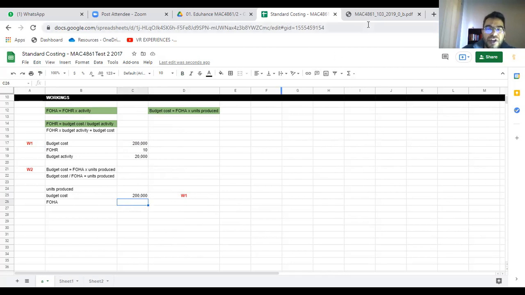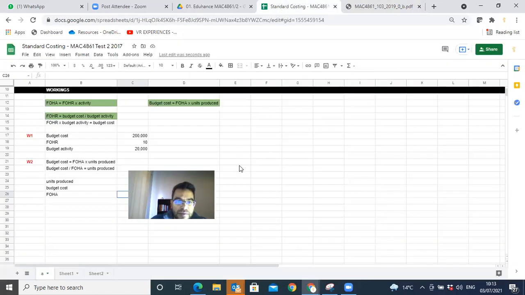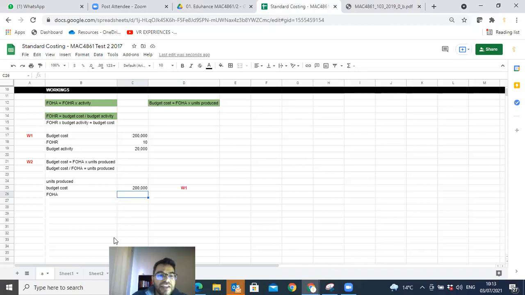Just go to your scenario. Maybe I just want to go to it quickly. So here, the fixed overhead rate is 10 Rand, but the fixed overhead applied is 20 Rand. So what we're going to put in over here is the fixed overhead applied, which is 20 Rand.